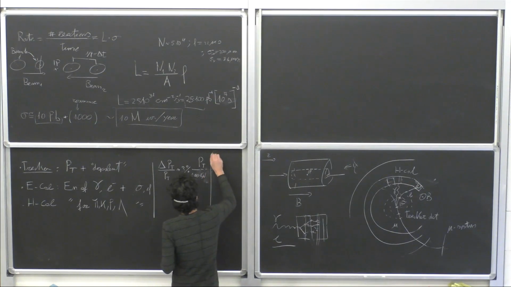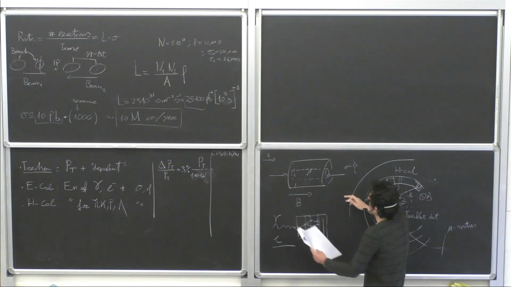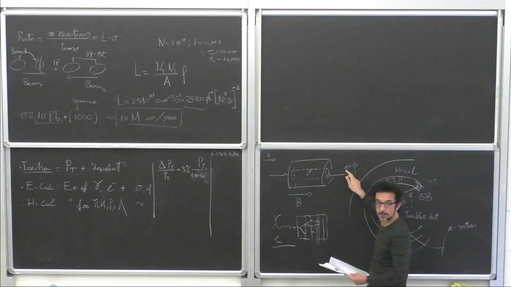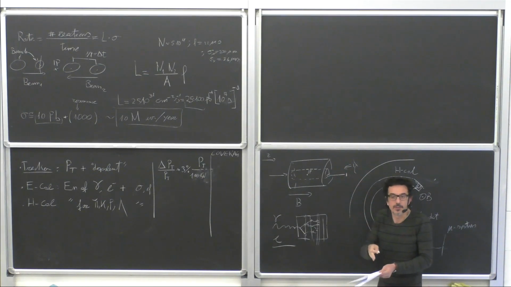Let me make some space here also to illustrate that this detection, of course, is possible only in certain regions. If you have a particle that happens to go just parallel to the beam, there is no way you can see it, because there is no way you can instrument precisely the region on top of the beam, because otherwise you will just detect all the beam particles that go through.